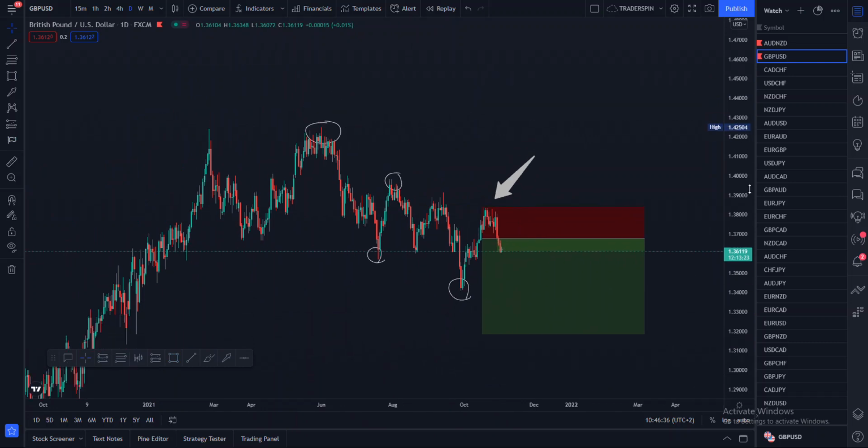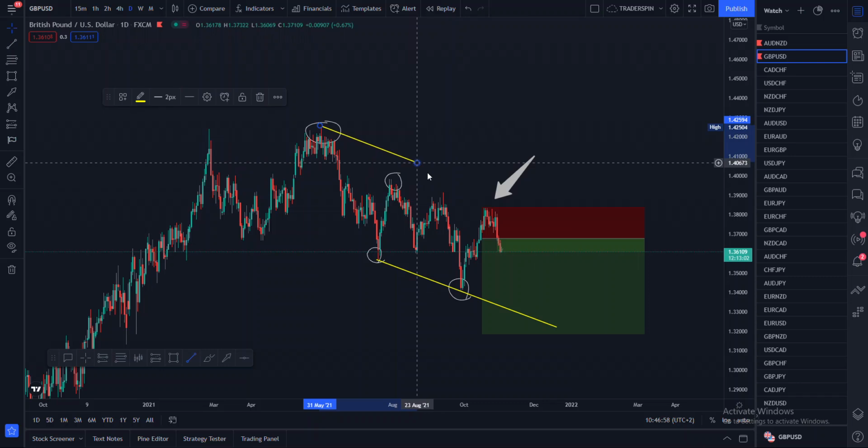But let us then try and draw our support and resistance. Okay, let's just try and draw a support from that high. So this, you really need to grab this with both of your hands.